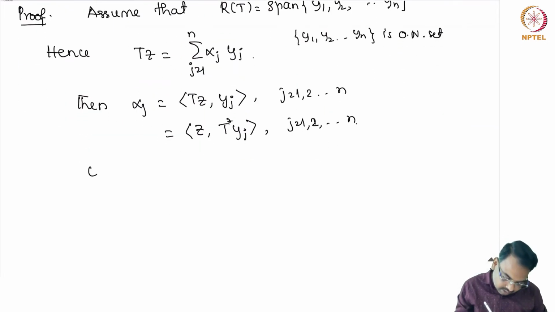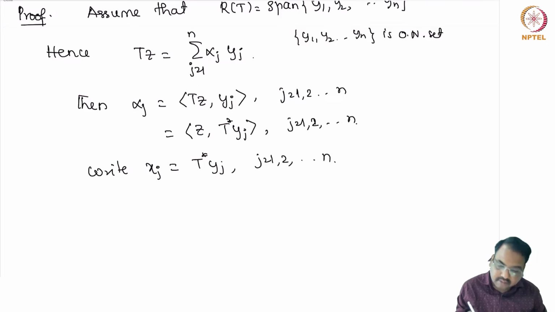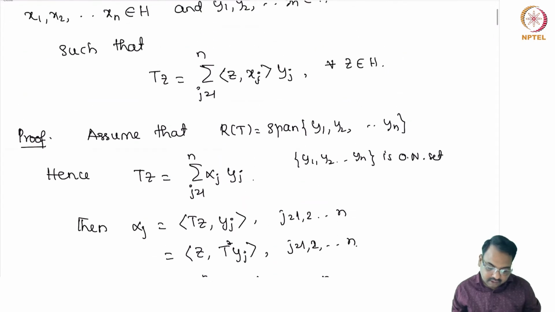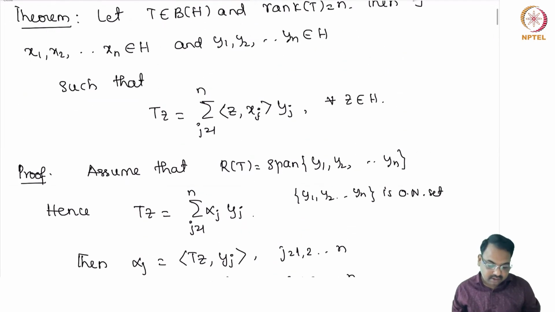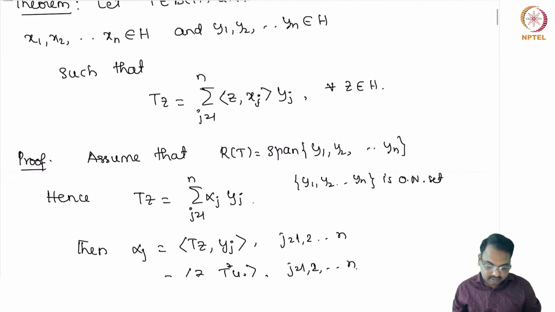Now you can write xj as T star yj, j equal to 1 to n. Then we can get the required representation of T in this way.